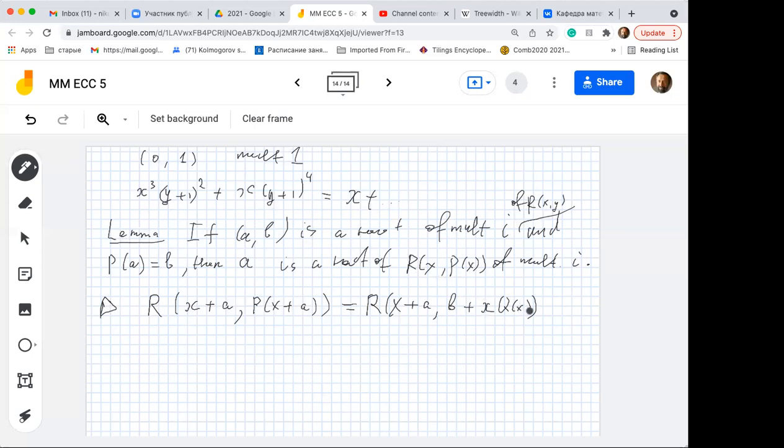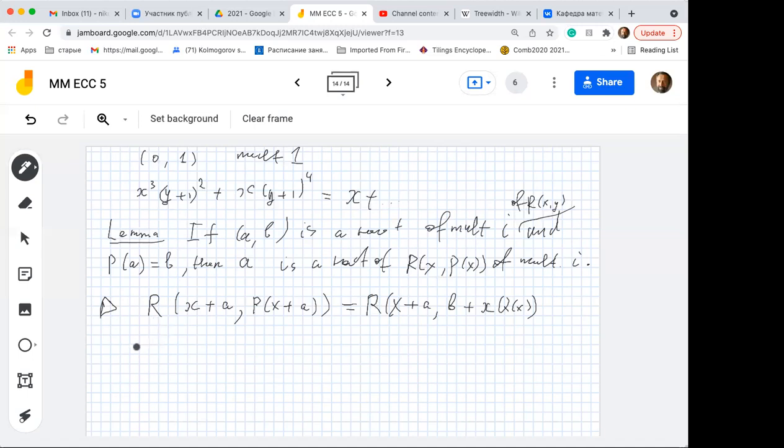But because x times q of x is divisible by x, the degree of all terms we obtain is at least i. So this polynomial has no monomials of degree less than i.